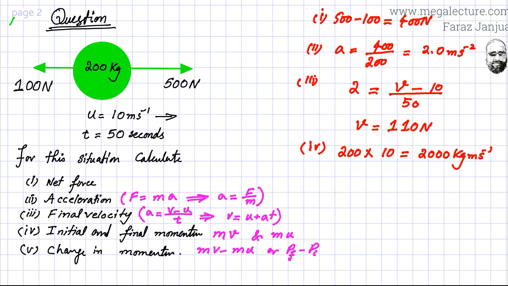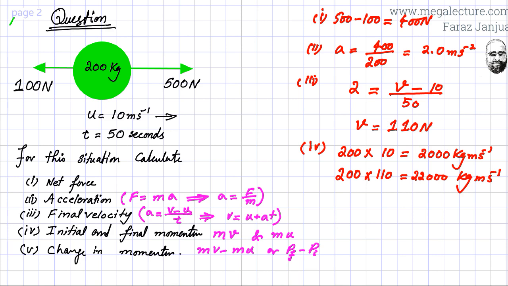For final momentum, again the mass will be the same, 200 multiplied by 110, and it will produce 22,000 kg meter per second. Kg meter per second, that's more like it. And in the final part, the examiner says we have to find the change in momentum.